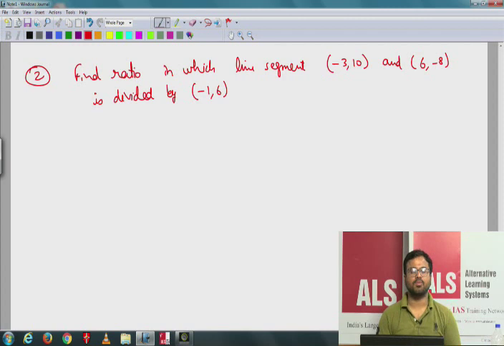Now this is the point. So the point is already given. So find the ratio in which the line segment is divided by the point minus 1 comma 6.